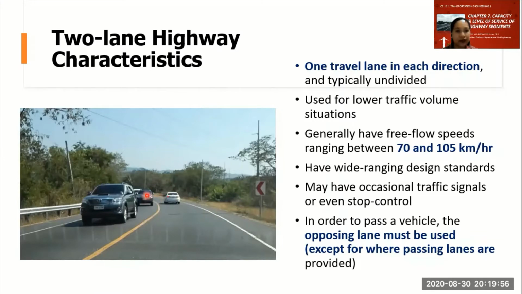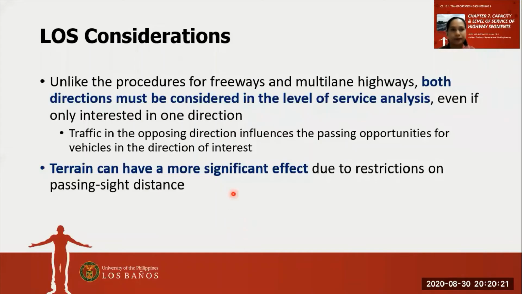If this vehicle wants to overtake this, then the driver cannot do it because this is a no passing zone. But if this one is a broken line, then the vehicle here can pass and use this lane, but the driver should make sure that this lane is clear to avoid accidents.